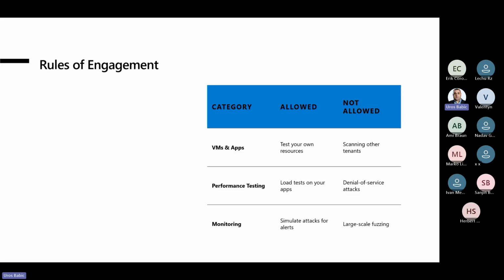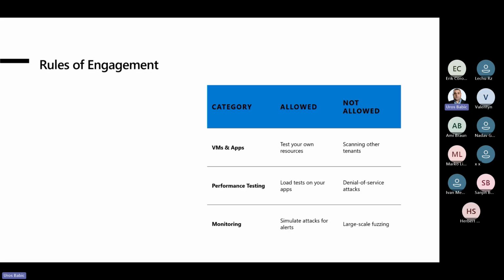I can define the scope: what is actually in scope for my testing within Azure services and environment. I can identify what is out of scope, such as production critical systems and third-party services, and of course the time frame. Define a start date and an end date, including testing windows to avoid business disruption.